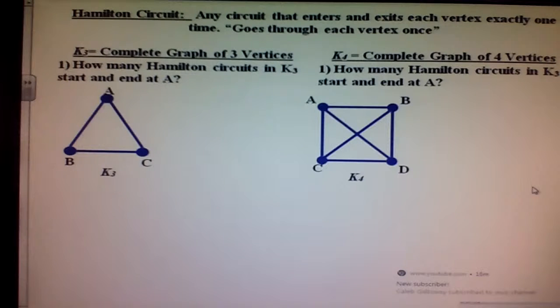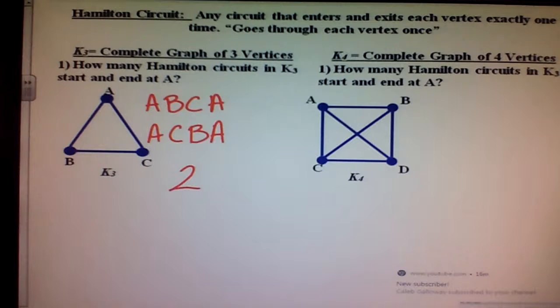How many Hamilton circuits start and end at A? 2. You've got A, B, C, A, or A, C, B, A. Remember, Hamilton says you start at A, you go to every vertex, and you go back home.